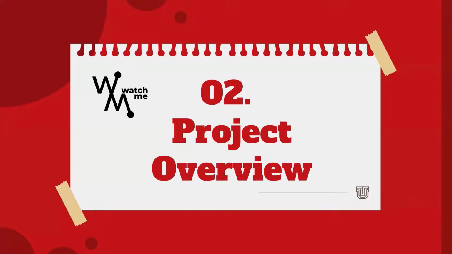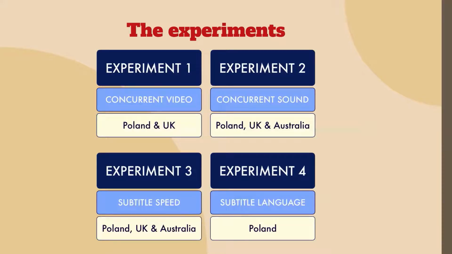In terms of the Watch Me project, there are 4 experiments that will take place over the next 3 years. Currently, we're working on experiment 1, so I'm going to skip that because we will talk about it in much more detail in the next few slides. In experiment 2, what we are trying to do is assess the independent contribution of adding versus removing sound, and what this does to both processing and comprehension of video content.